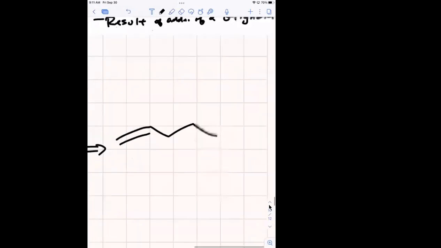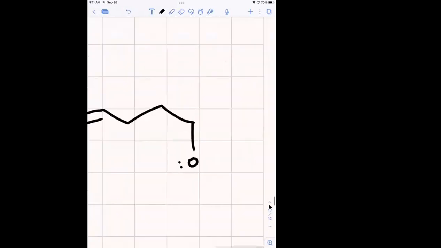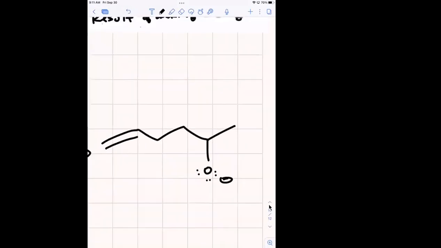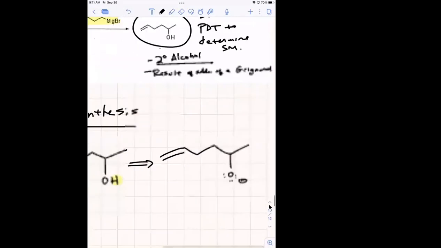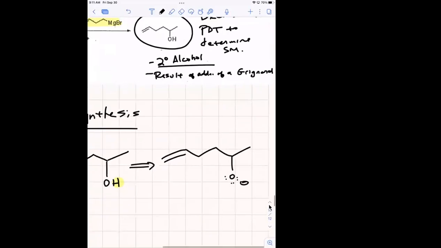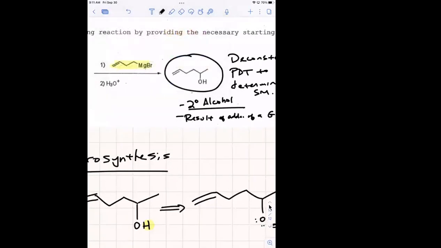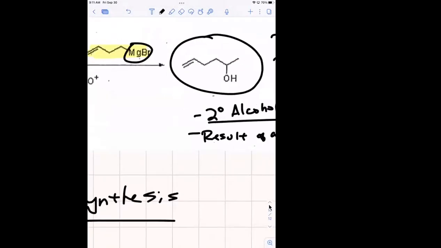And we'll be left with this. Right, and when we get to this step right here, you can just put in any magnesium source. But up here we see that the magnesium source is MgBr, so I'm going to put that here.